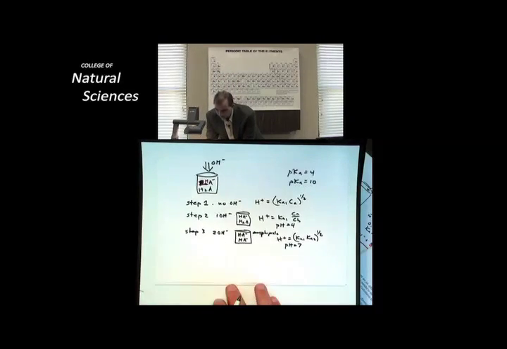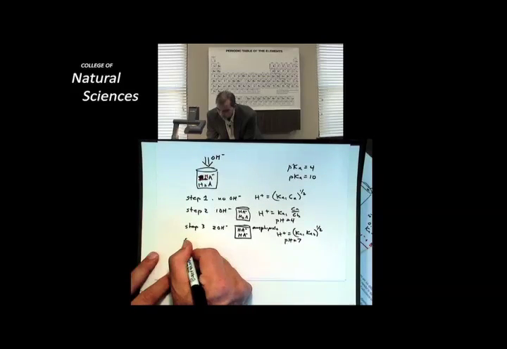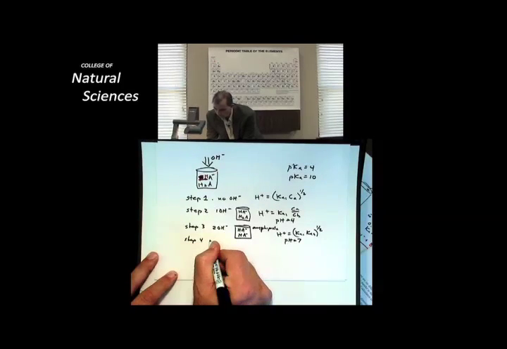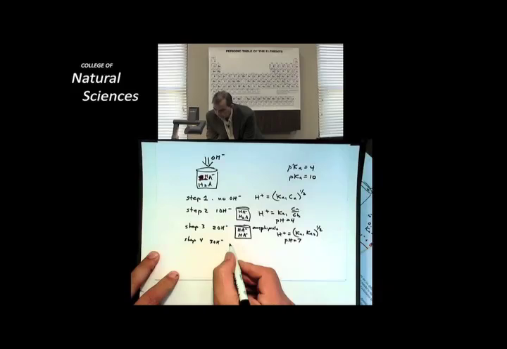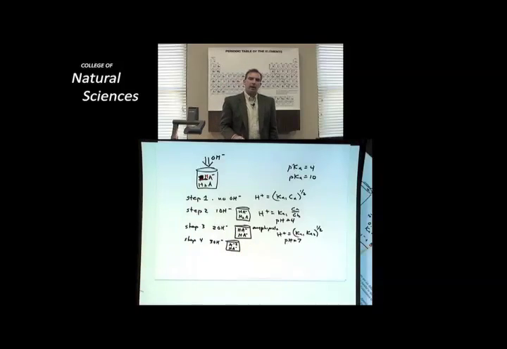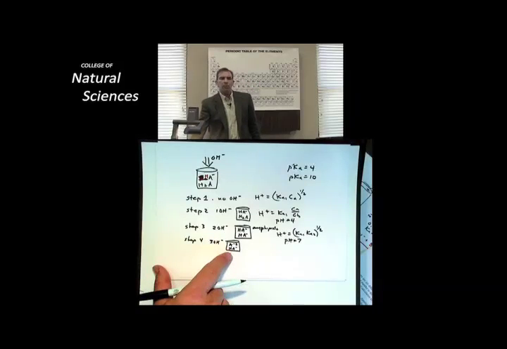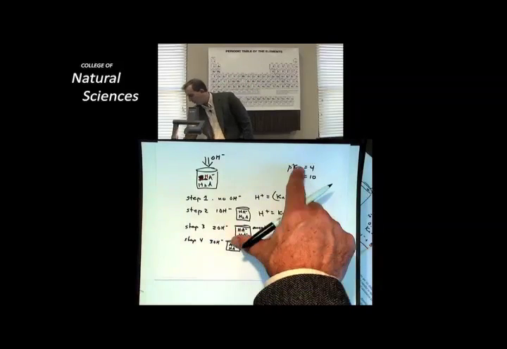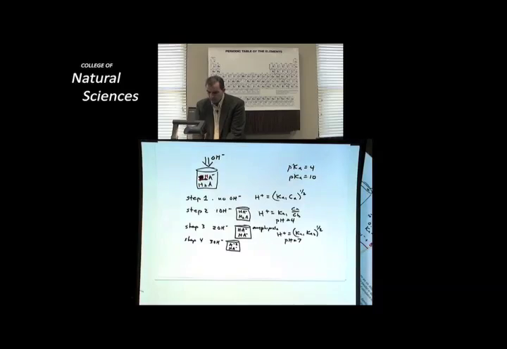Let's add another hydroxide. Adding a third hydroxide here. Not surprisingly, I'm back to a buffer region where I've got an acid and its conjugate base. The difference is that this is the acid and conjugate base not associated with the Ka1 but with the Ka2. If you're confused about it, just look up here and you'll see it.